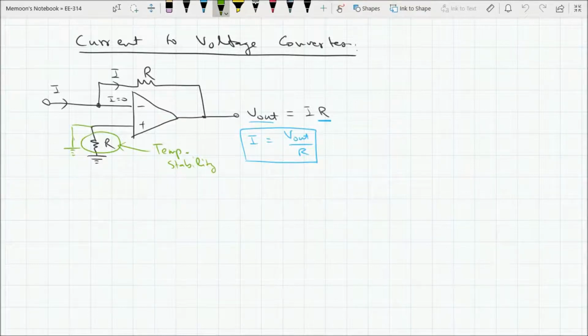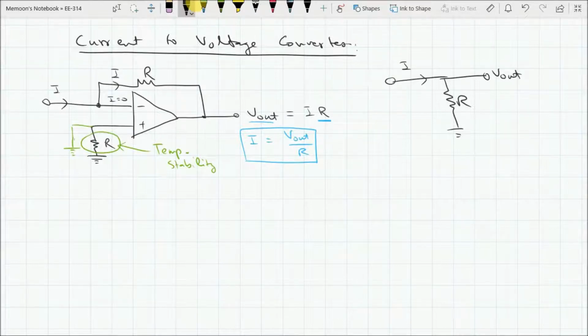The question arises, why this op-amp? We are only doing V is equal to IR. So what if I just had this circuit where my current I was coming, and I just connect a resistor R and convert it into a voltage V out? Why not do this?